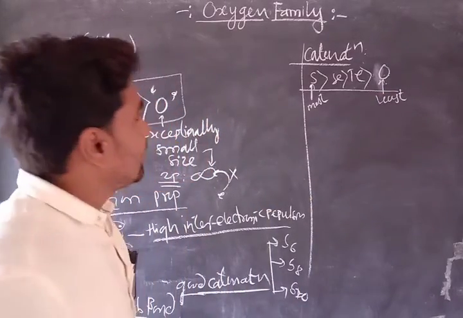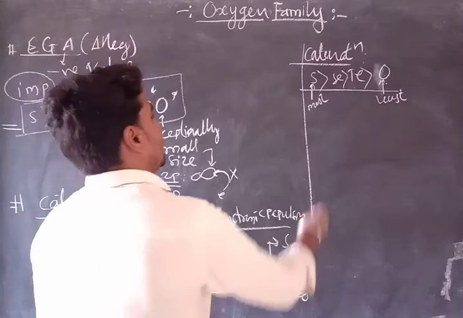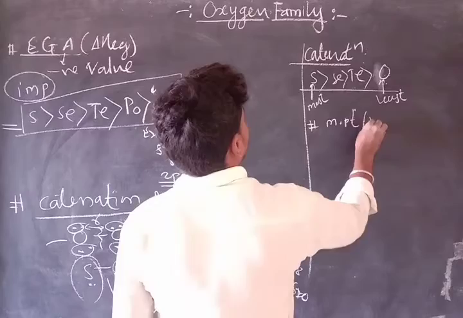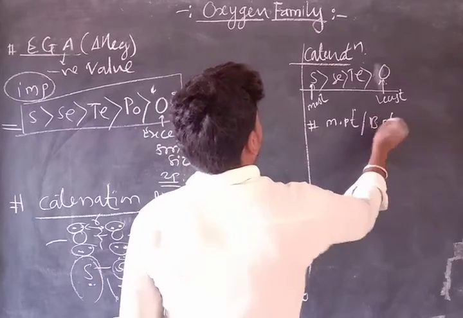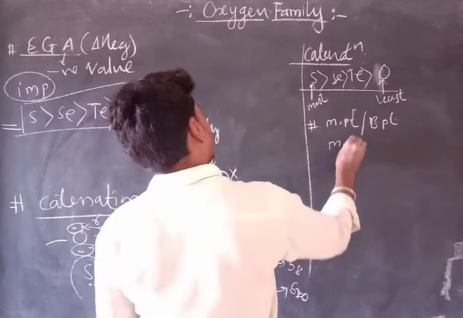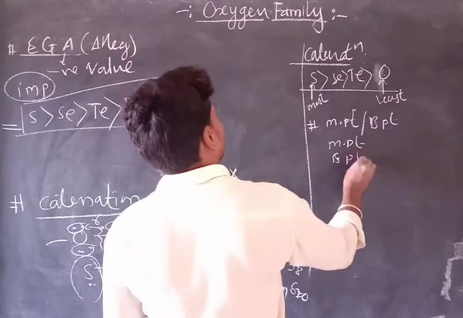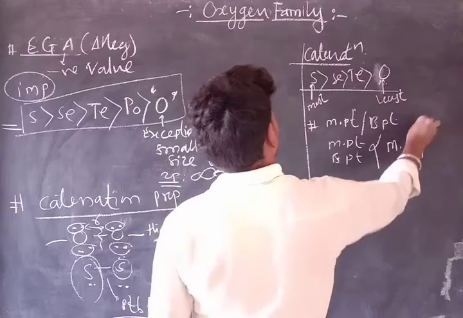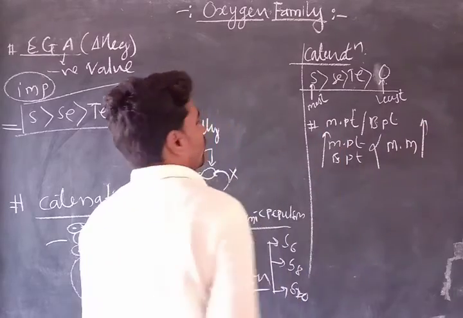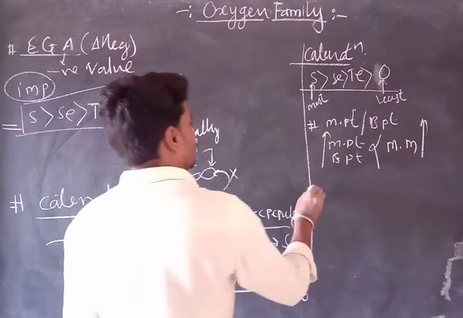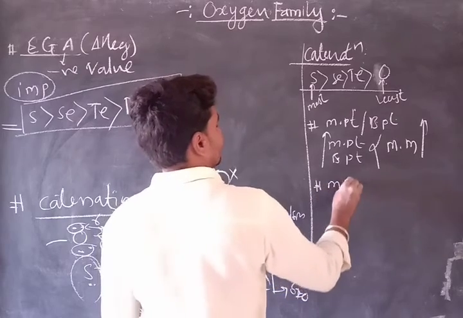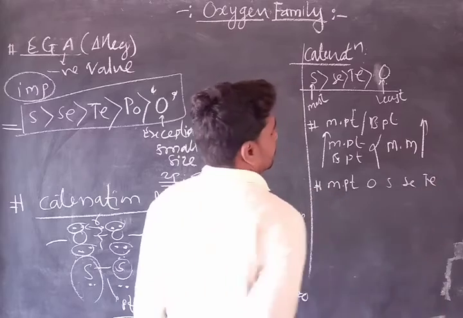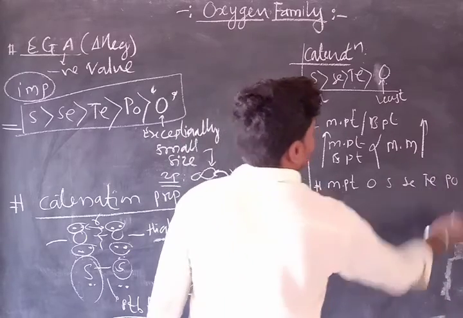Okay, my dear students, with this catenation property, here we will learn about the melting point and boiling point. Just remember this: melting point and boiling point in this group are directly proportional to the molar mass. When mass increases, melting point and boiling point also increase. So the order for the melting point is oxygen, sulfur, selenium, tellurium and polonium.